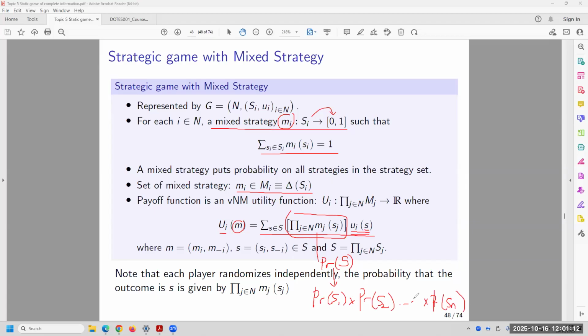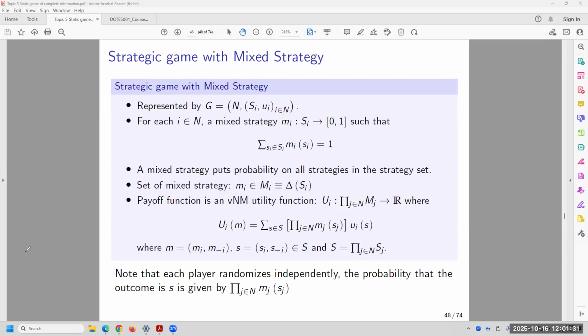And why the joint can be equal to the product of marginals is coming from independence. Say, for example, let me give an example to make sense of this.